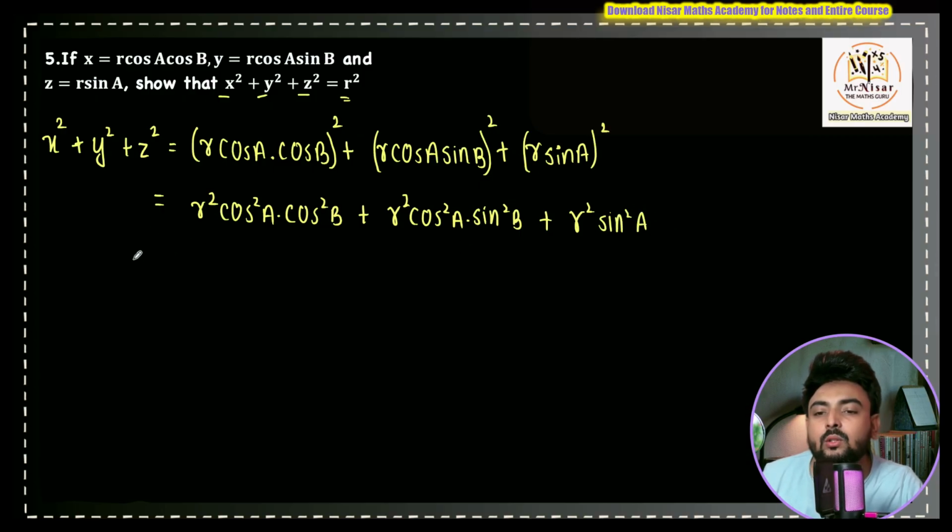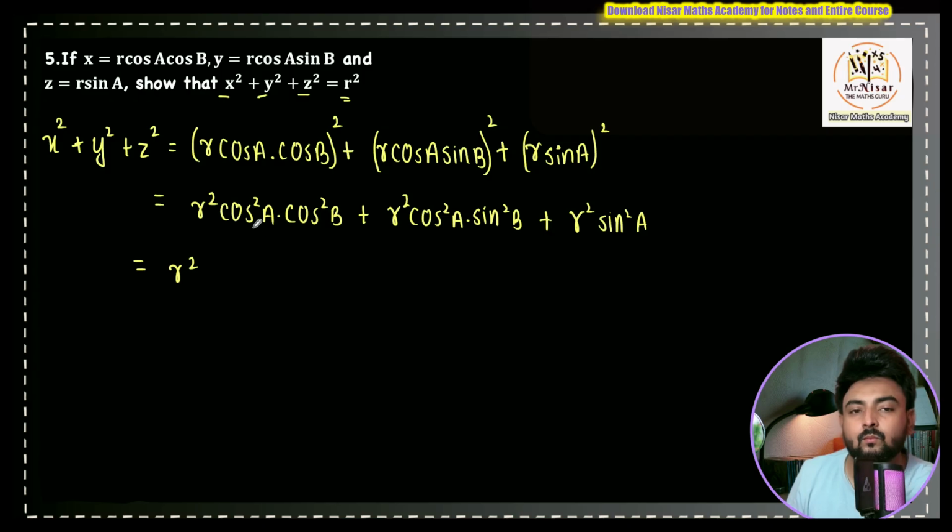What is common throughout the bracket? I can see r square present everywhere, so I'll take r square common from every term. What will remain in the first? It will be cos square a into cos square b.